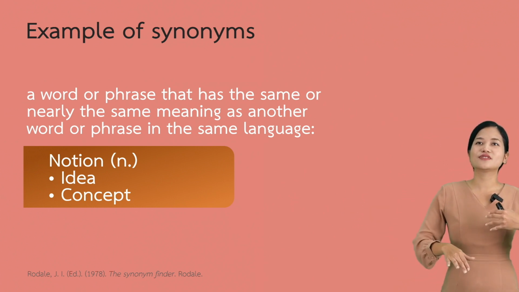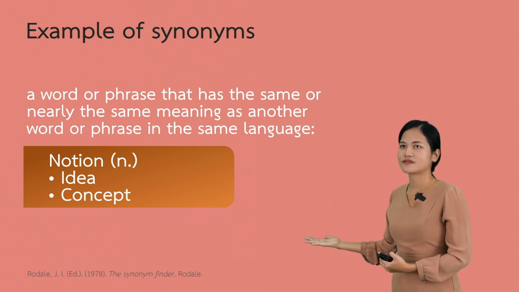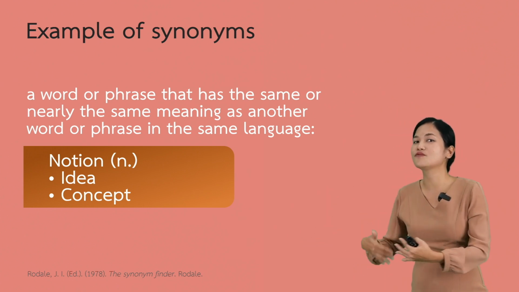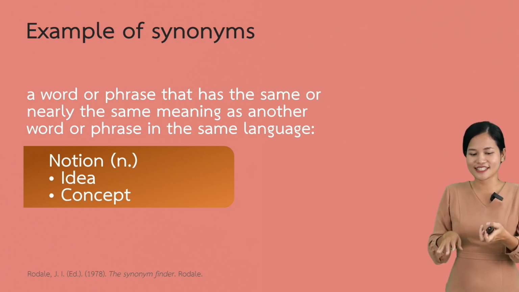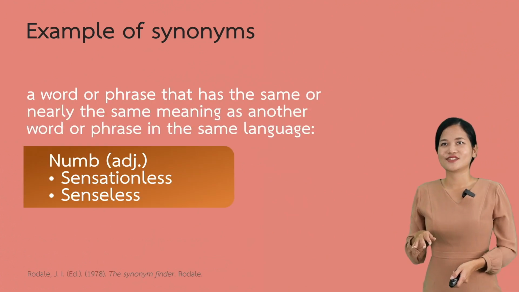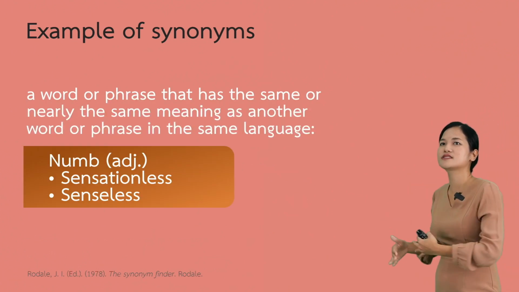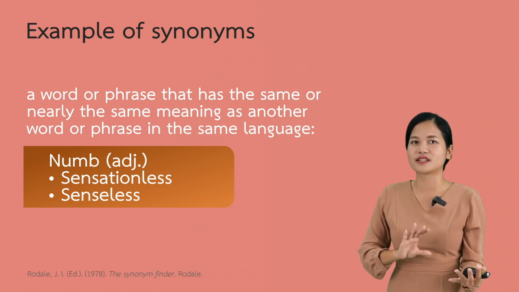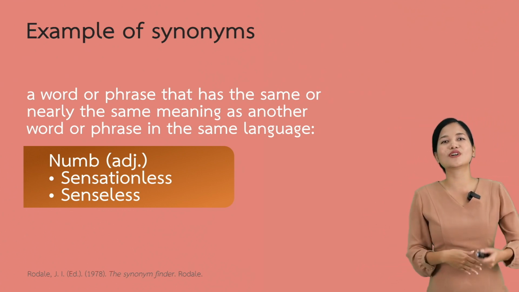You also can use idea or concept rather than notion. It can be used interchangeably. Okay? Or next, you can use sensationless or senseless instead of numb because they share similar meanings. Okay, I think now you know what a synonym is.